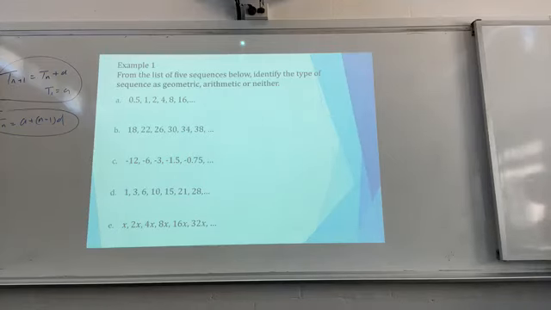Now, let's have a look at example 1. You've got it in your sheet in front of you. From the list of 5 sequences below, can you identify the type of sequence, whether it's geometric, arithmetic, or neither? Work out whether there's a difference or ratio.